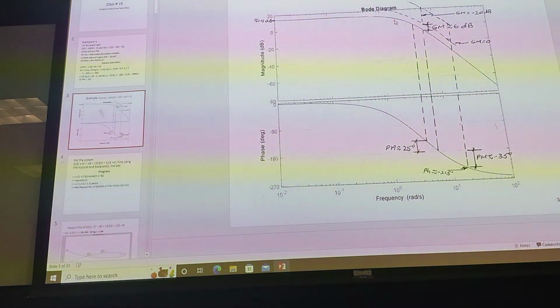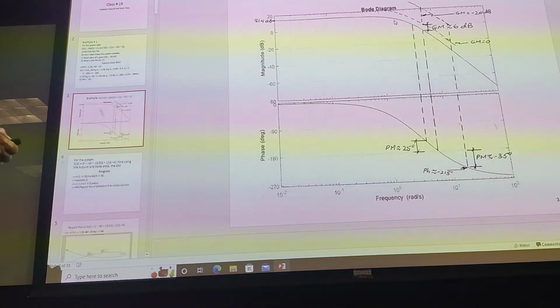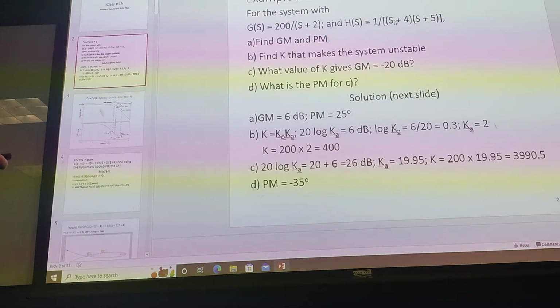If we are looking at another position, what changes is the gain, the response in the magnitude, because we didn't affect the poles or zeros positions. We only affect the gain, which is 200 here in this case, and will be 400 in this other case.